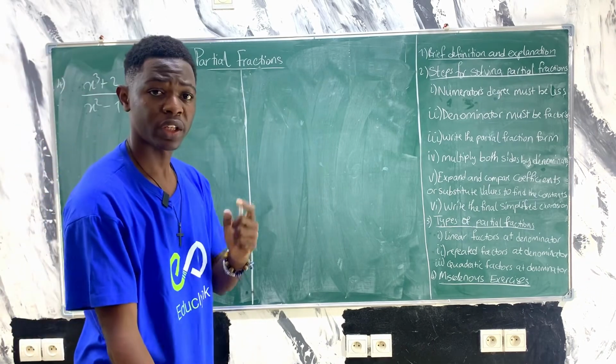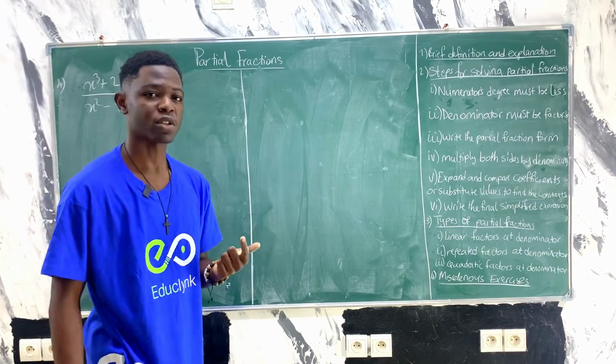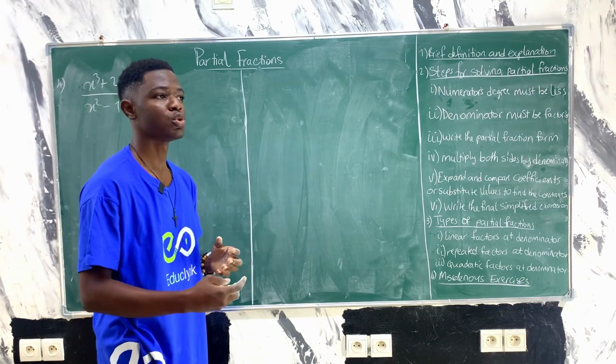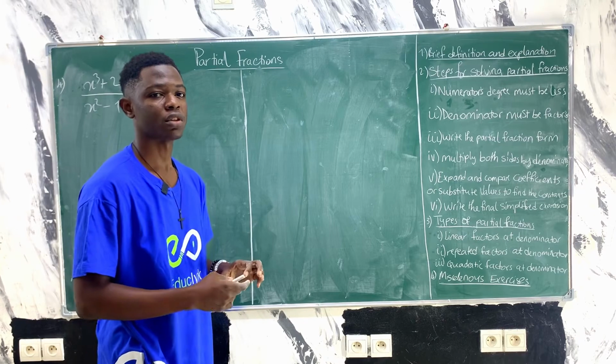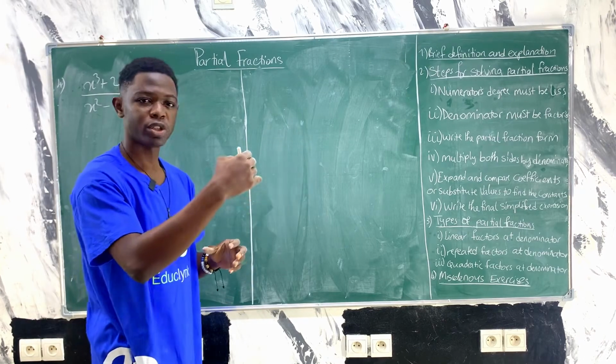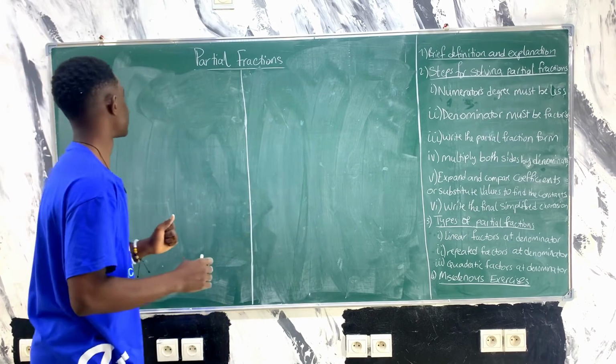But it is not in all cases that you have to use the long division method. I will show you in the next example in which case you can choose not to use it. You can choose to use your knowledge of mathematics, your tricky knowledge of mathematics.